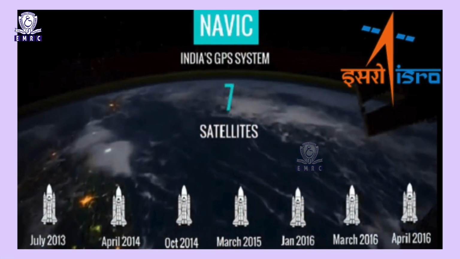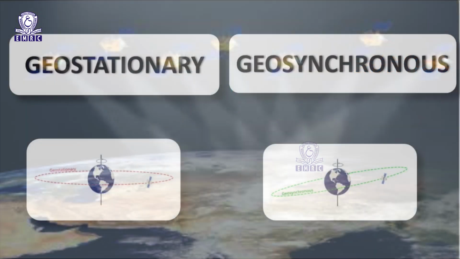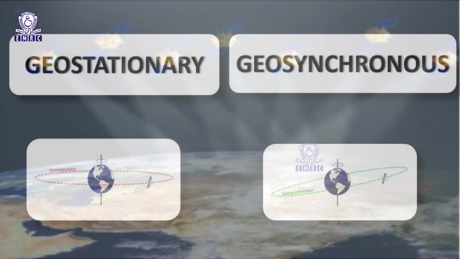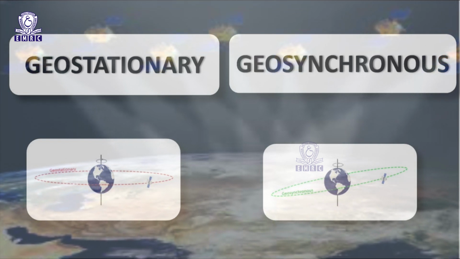It consists of a constellation of 7 navigational satellites. 3 of the satellites are placed in the geostationary orbit and the remaining 4 in the geosynchronous orbit to have a larger signal footprint and a lower number of satellites to map the region.